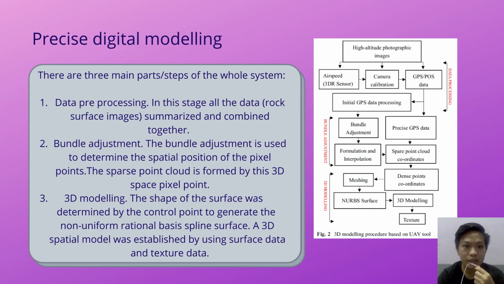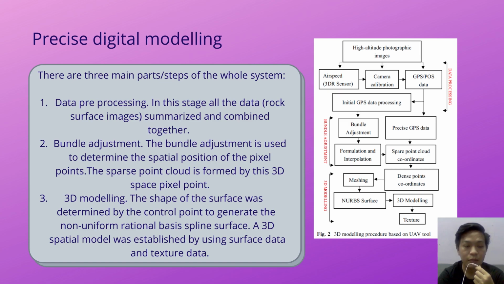Second, precise digital modeling. There are three main parts or steps of the whole system. First, data pre-processing. In this stage, all the data, the rock surface images, are summarized and combined together. Bundle adjustment is used to determine the spatial position of the pixel points. The sparse point cloud is formed by these 3D space pixel points.